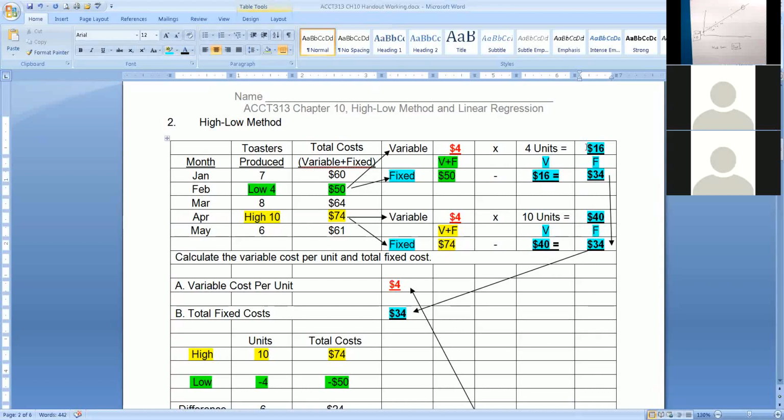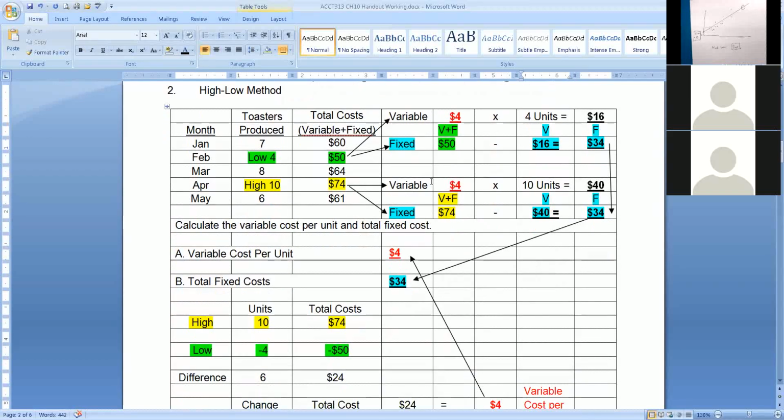I should change that variable one, but I'll take that out. So variable plus fixed minus the variable gives you the fixed. That's really all we're doing: taking the total, which is both of them, and subtracting.